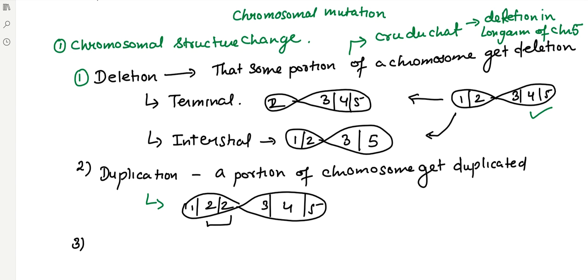Now the third type which we see here is called translocation. Now translocation, what happened? Here a portion of the chromosome is transferred from one chromosome to another chromosome.